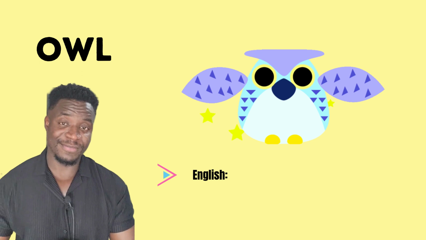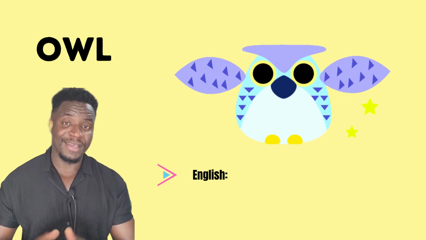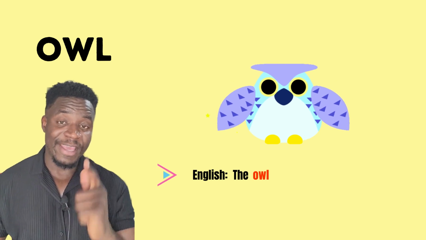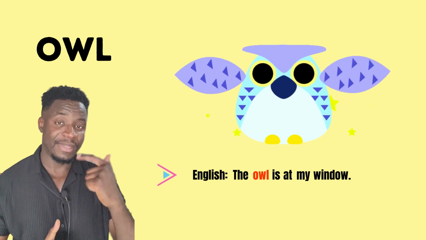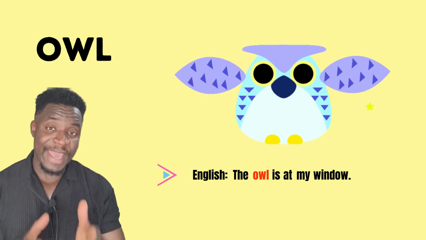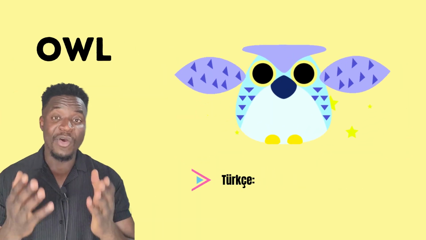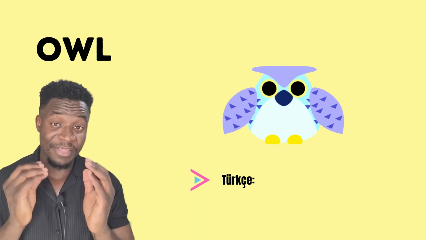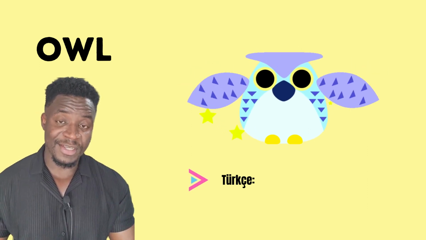Let's go. So an example could be, the owl is at my window. Let's repeat again. The owl is at my window. So how do we make this sentence in the Turkish language?